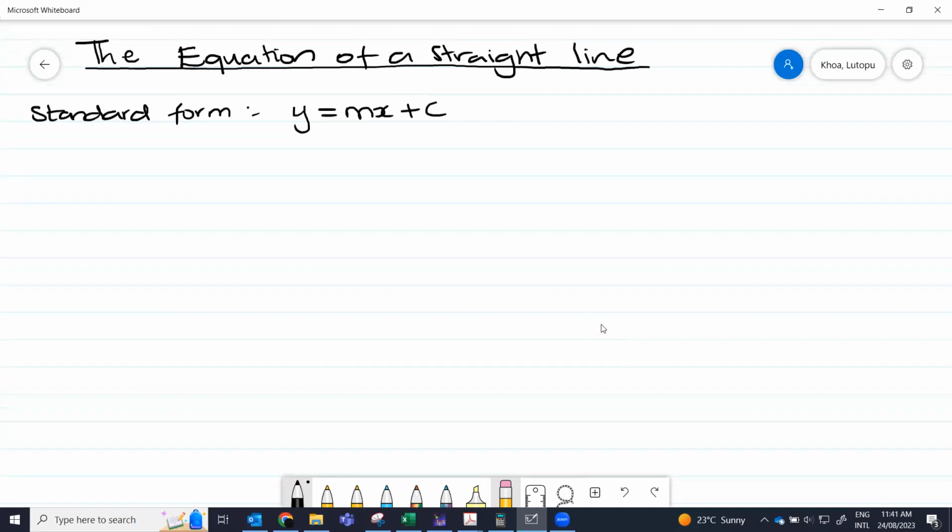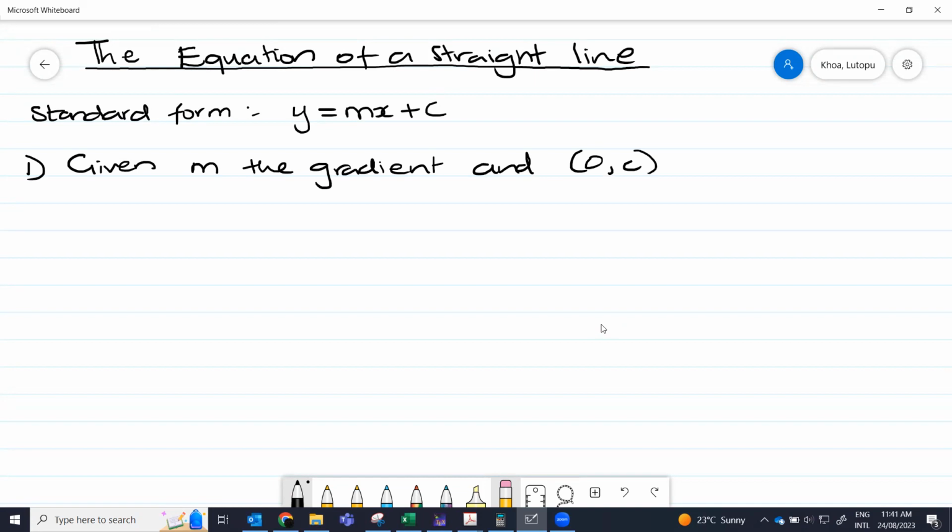So the first way is if you are given the gradient m and a point like this, (0, c), the y-intercept, then you can just write the equation of the straight line exactly like this. Where you have m, you replace it with the value that you were given, and where you have c, you replace it with the coordinate of the y-intercept.